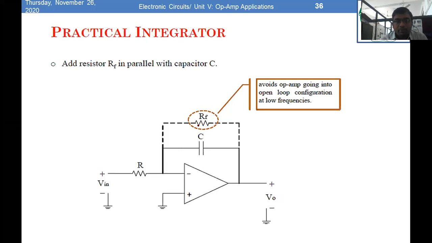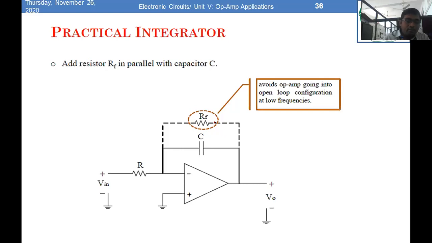So what is the benefit of this? When you connect RF in this way, it avoids the op-amp going into open loop configuration at low frequency, because at time t equal to 0 or at very low frequency, the capacitor is open and the open loop gain is very high.